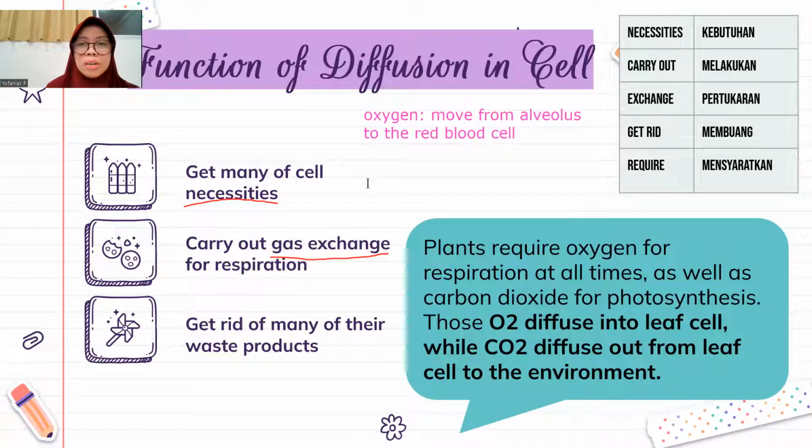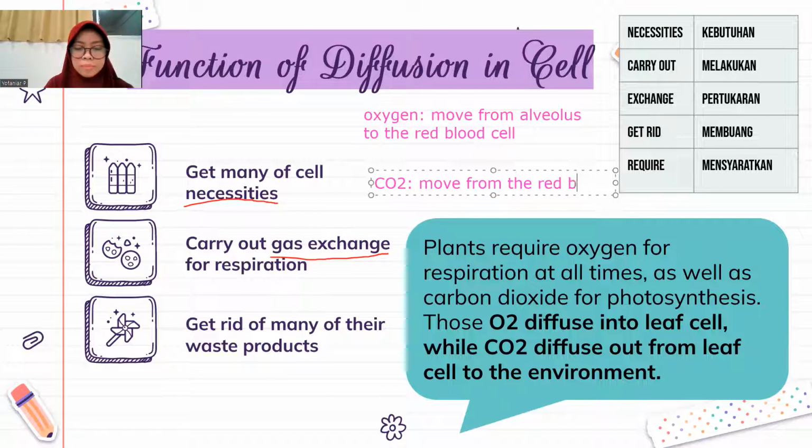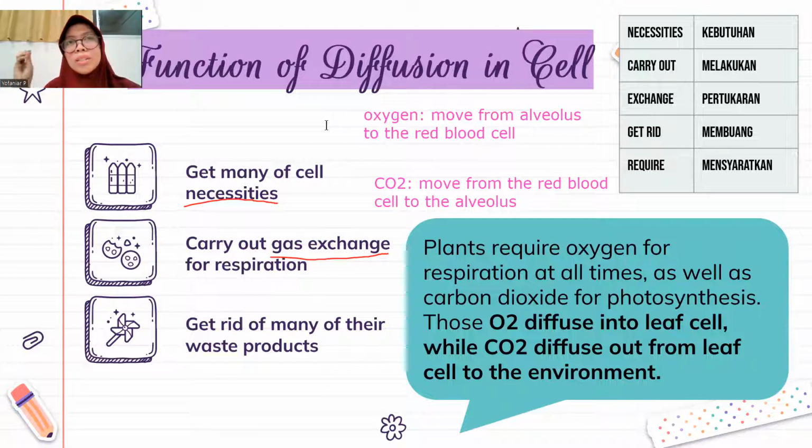Meanwhile, for the carbon dioxide, we need to remove it from our body, right? So for carbon dioxide it will be the opposite. It will move from the red blood cell to the alveolus. The alveolus is part of our lungs. And if the carbon dioxide is already in the alveolus, it is ready to be removed, to be exhaled, dihembuskan keluar.